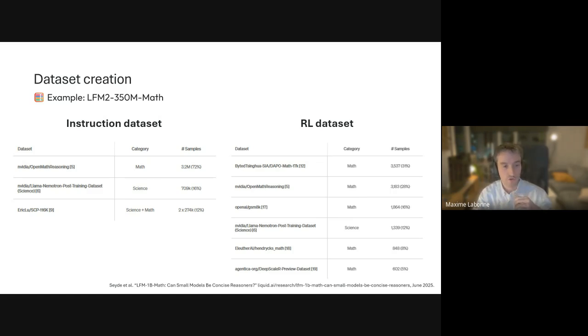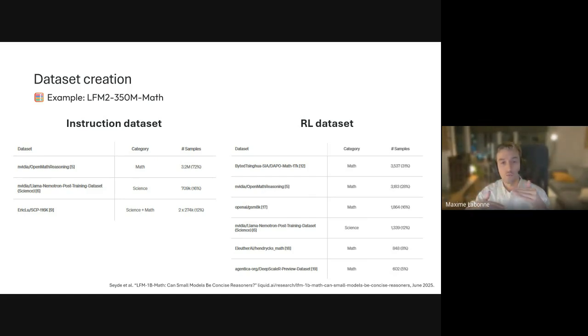And for reinforcement learning, what we did is that instead of just using these datasets, we checked if the model could actually answer it. This is very connected to the idea of complexity, the data quality that I mentioned at the beginning of this presentation. You want to challenge the model, but it shouldn't be too hard. And because this is such a tiny model, we didn't want to train it on prompts that it will never be able to answer.